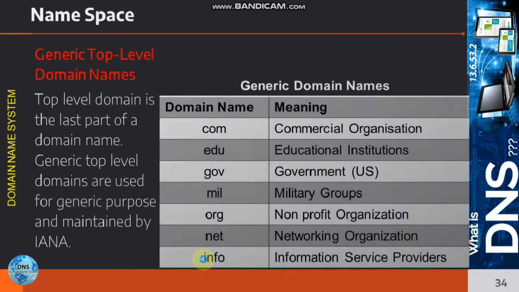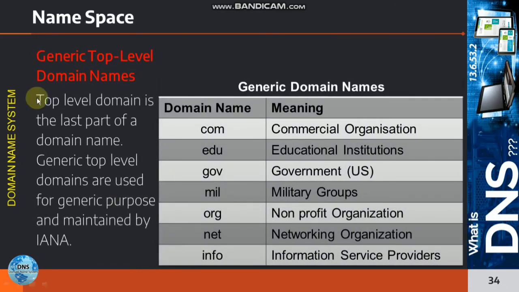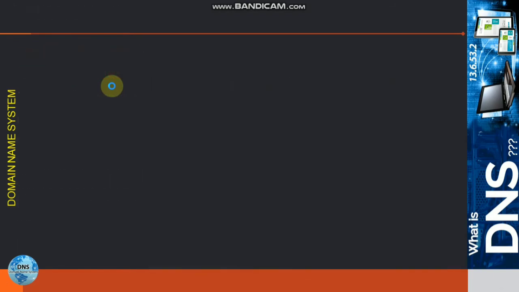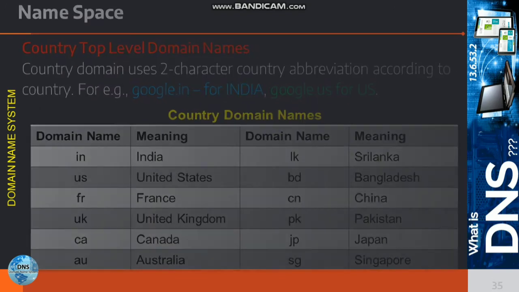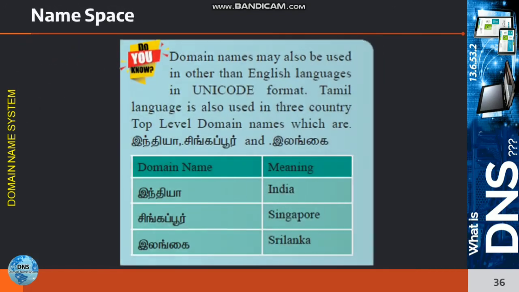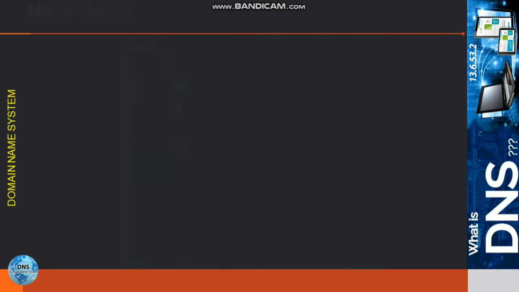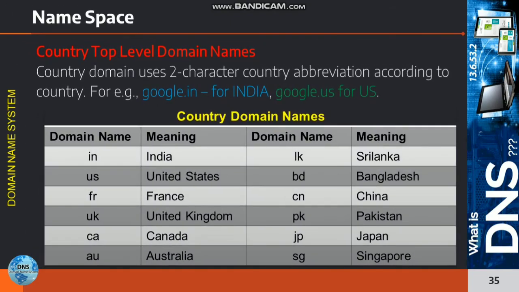Next, you have certain things to be noted. You have top level domain names, and then you have country level domain names. These two things are very important in domain names.